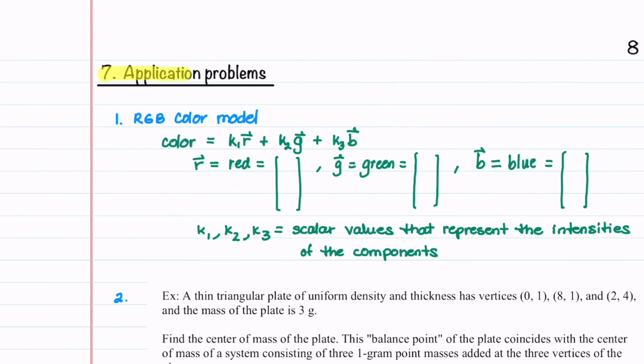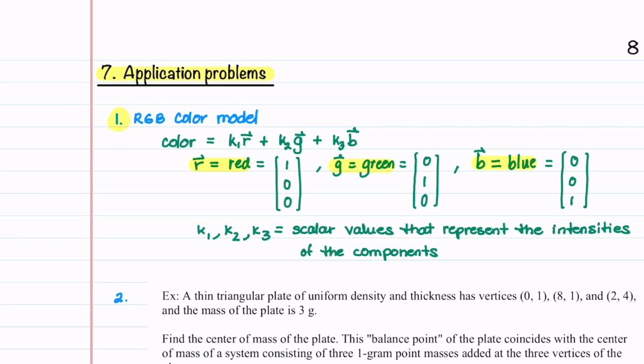Let's now look at some application problems that utilize linear combinations of vectors. The RGB color model is a system for representing colors using the three primary colors red, green, and blue. Red is written as 1, 0, 0. Green is written as 0, 1, 0, and then blue is written as 0, 0, 1.